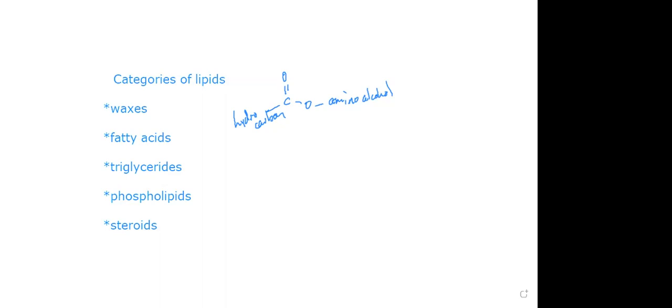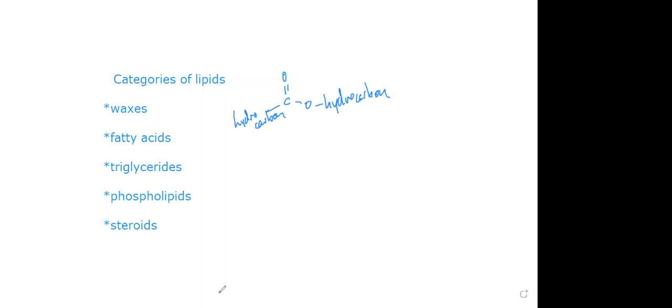So let me go back to the whiteboard here. Let's fix that. When we bring together a fatty acid and a large alcohol to make an ester, that's a wax.